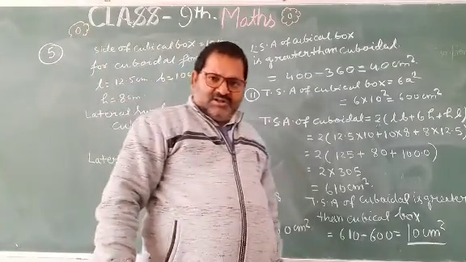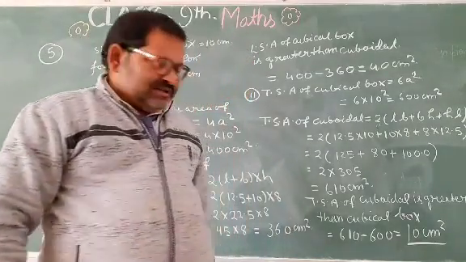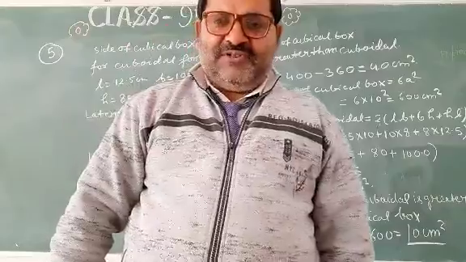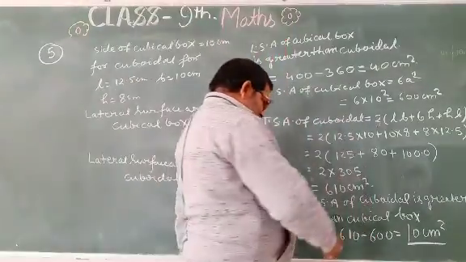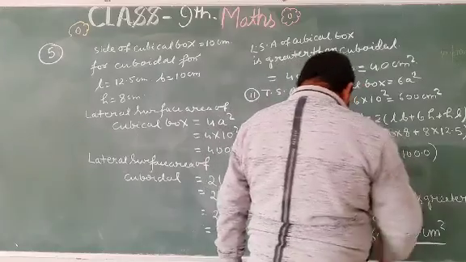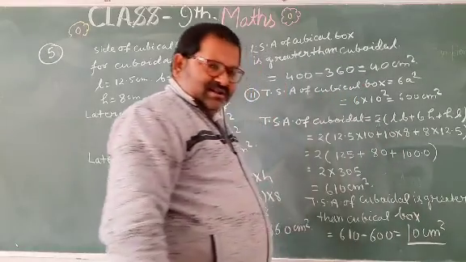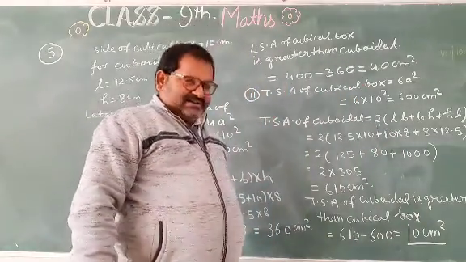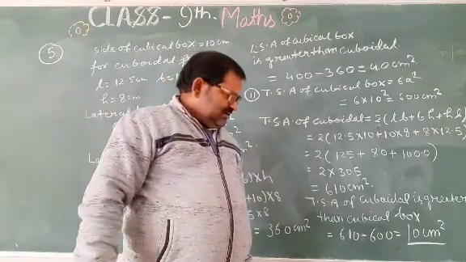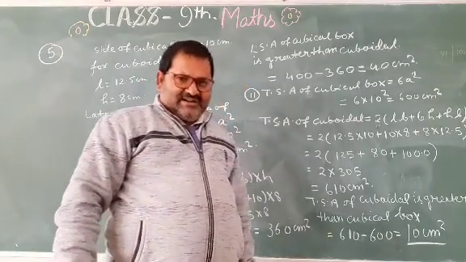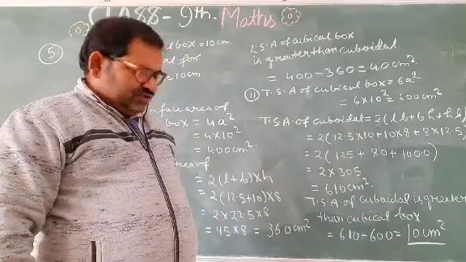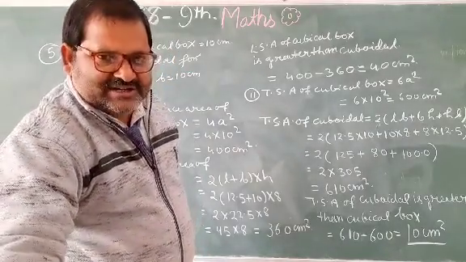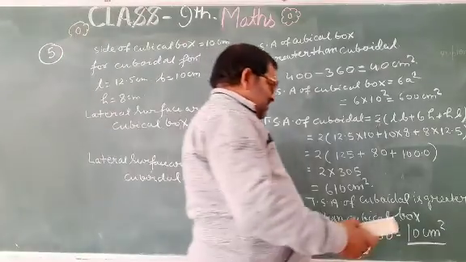So the total surface area of the cuboidal box is greater, and how much greater? 610 minus 600 equals 10 centimeter square. Clear?